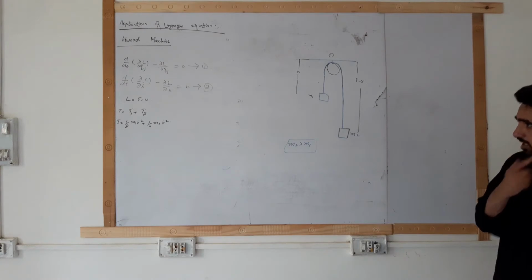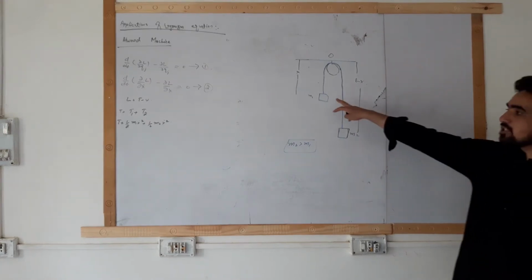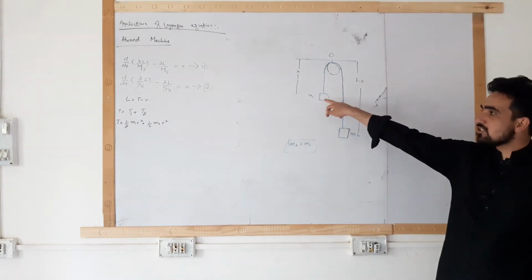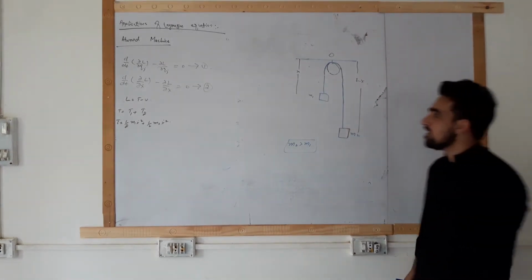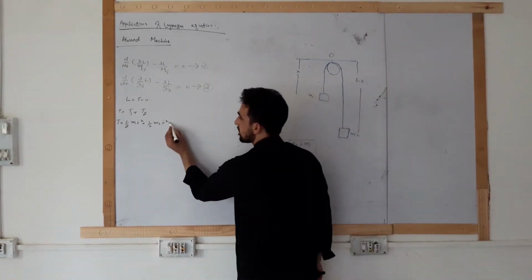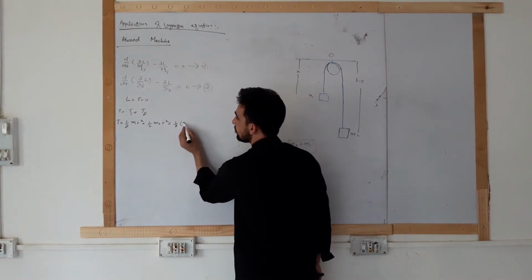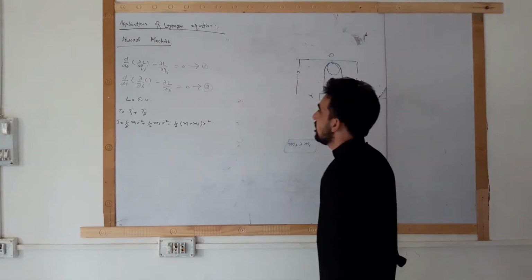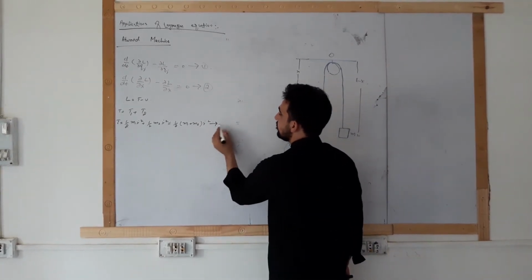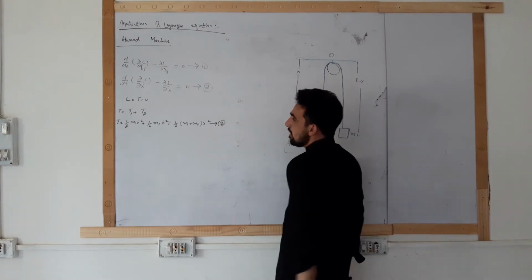So we have the kinetic energy, which depends on the velocity, and this is half M1 plus M2 times x dot square. So this is our equation number 3.